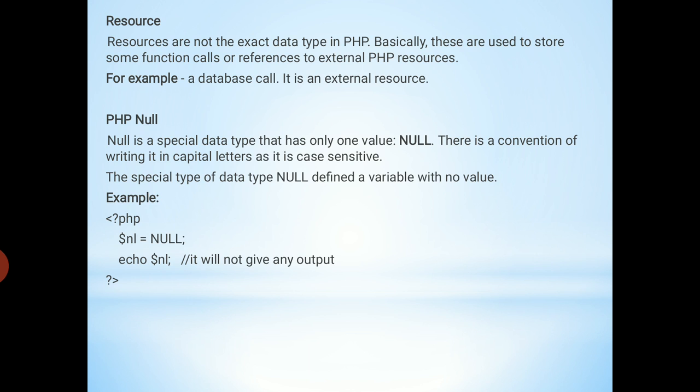Last data type is special data type. First one is resource. Resources are not exactly a data type in PHP basically. These are used to store some function calls or references to external PHP resources.